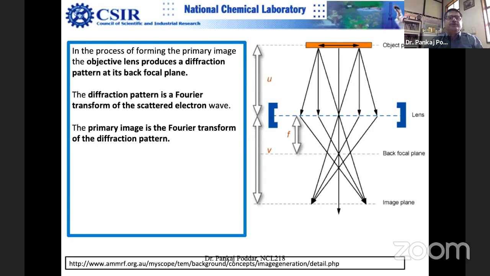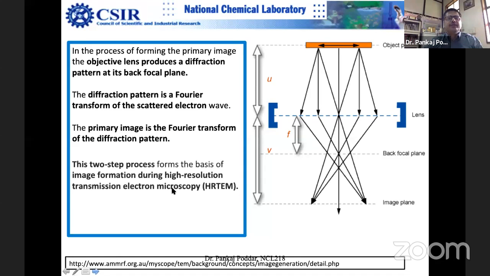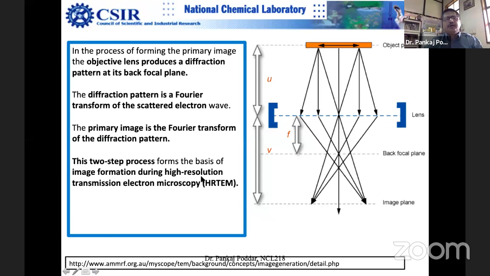So to get the diffraction pattern, you do the Fourier transform one time, and if you do it another time, you do another Fourier transform of the diffraction pattern. Finally, you can make your images in HRTEM, which is called phase contrast microscopy. This is a two-step process.